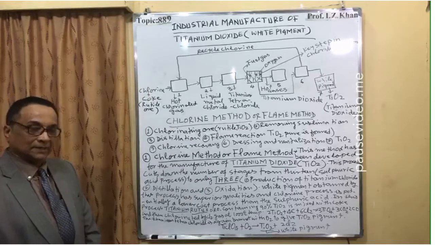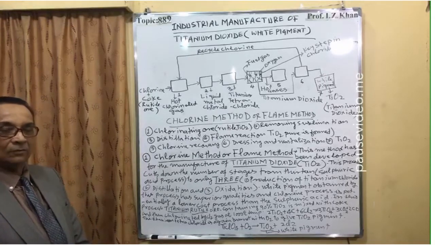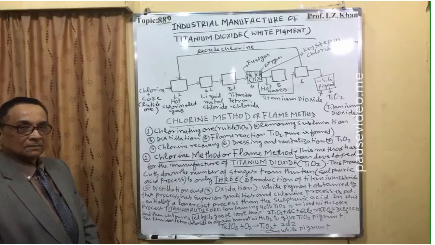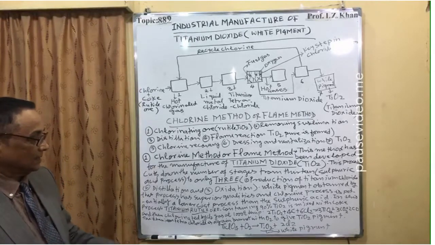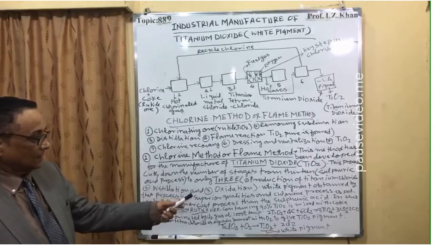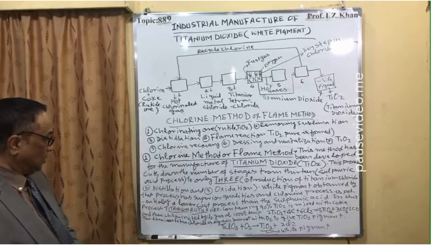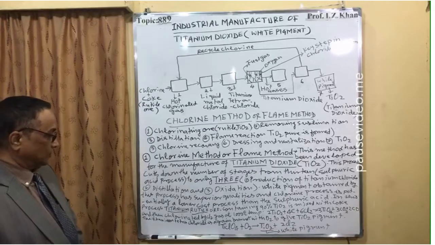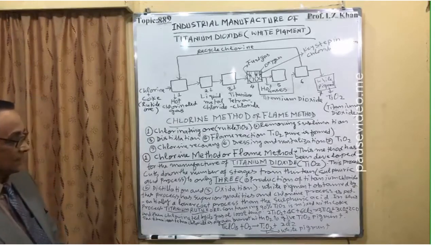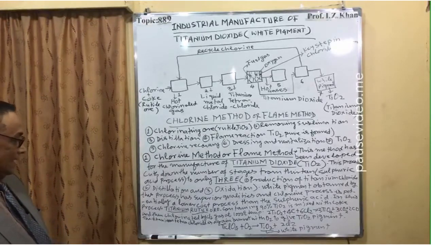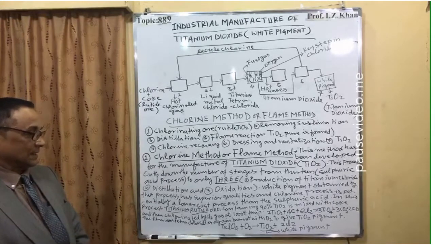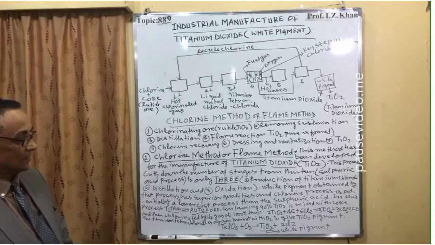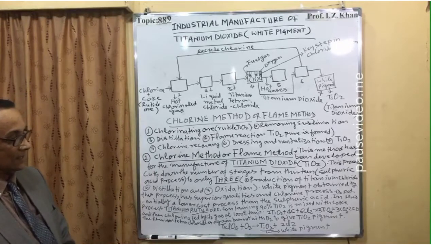At that temperature it will be converted into titanium chloride. Rutile containing 90% titanium dioxide is mixed with coke, and then chlorinated by chlorine gas at 1000 degrees centigrade. 2 TiO2 plus 4C plus 6 Cl2.